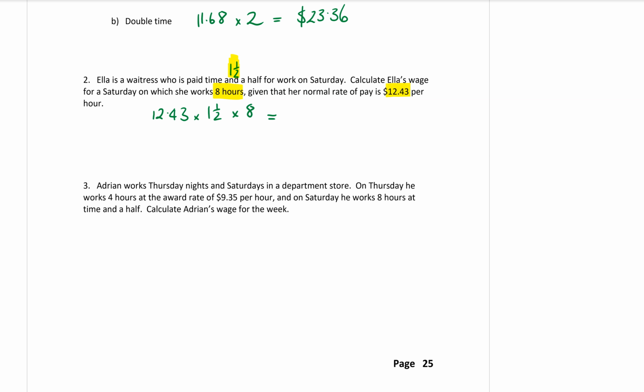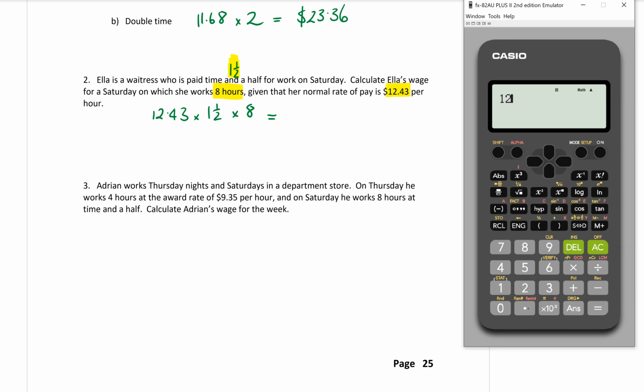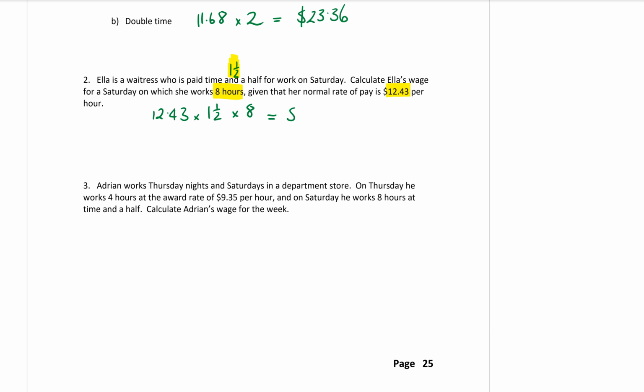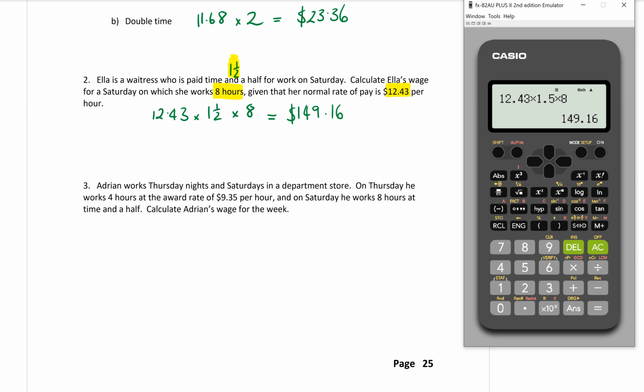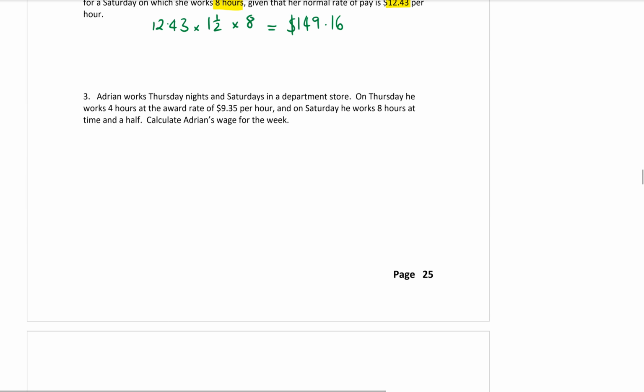Times it all together. 12.43 times the overtime and times the 8 hours. So she gets $149.16. Make sure you ask questions if it doesn't make sense, all right? Let me know. Question 3.